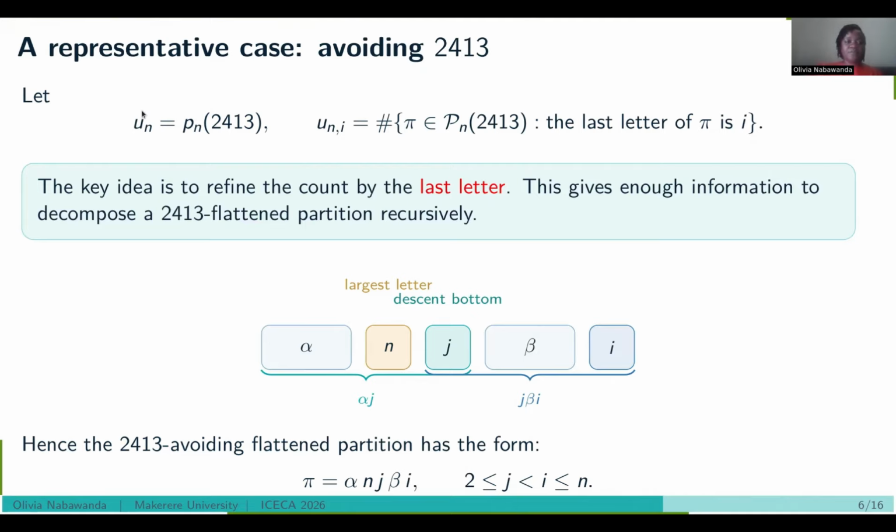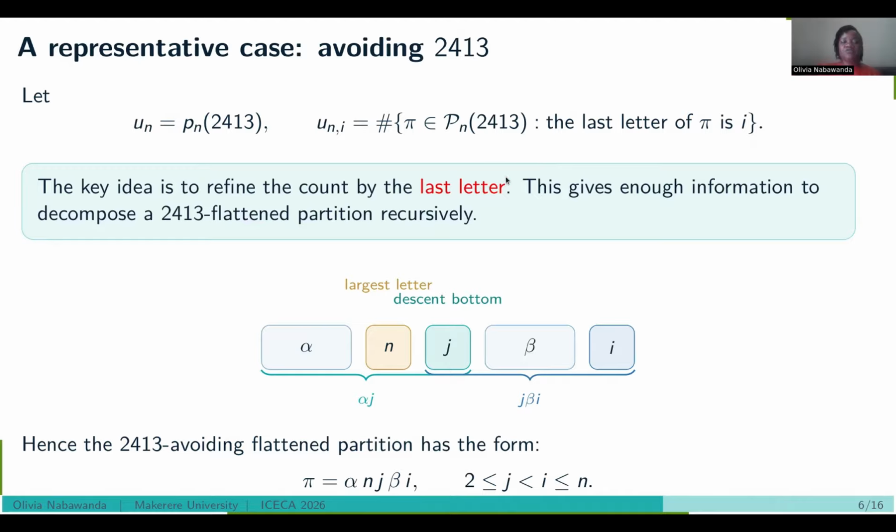Let u_n denote the number of all 2413 avoiding flattened partitions of length n. Introducing our statistic, I'll let u_{n,i} denote the number of all 2413 avoiding flattened partitions having the last letter i.